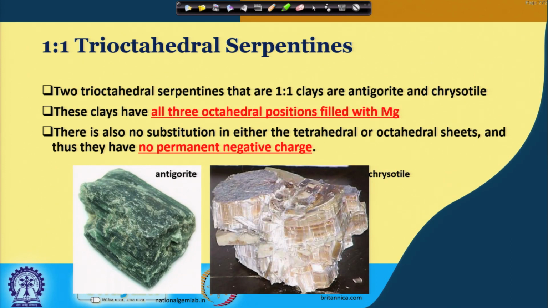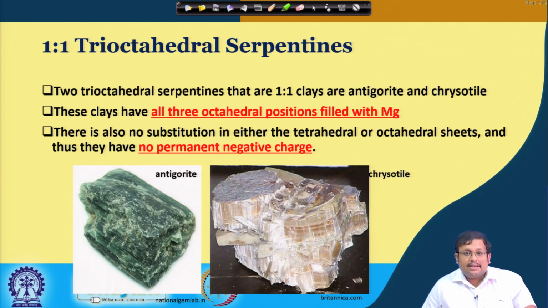Now, among the 1:1 trioctahedral serpentine clays, the most important are antigorite and chrysotile, and these clays have all 3 octahedral positions filled with magnesium. Because these are trioctahedral, 3 out of 3 octahedral positions are filled, and magnesium is the major cation.